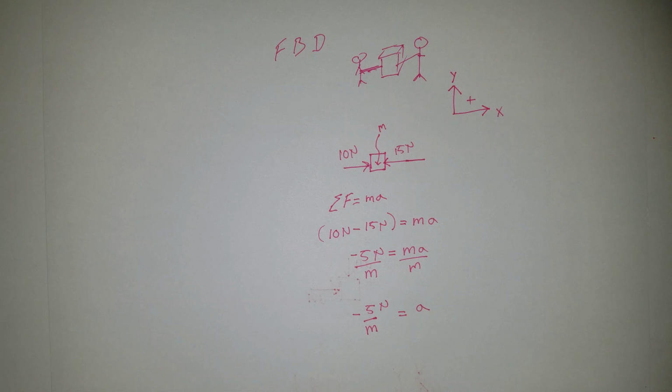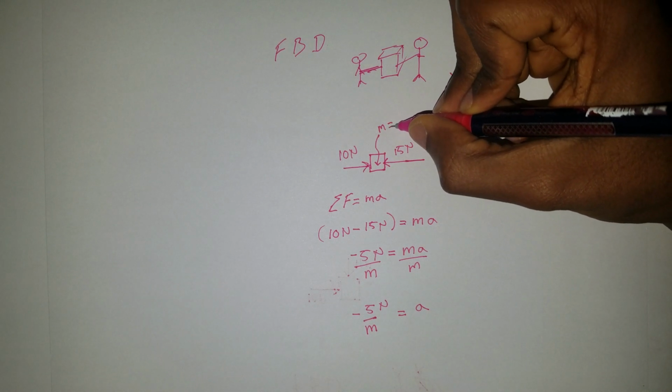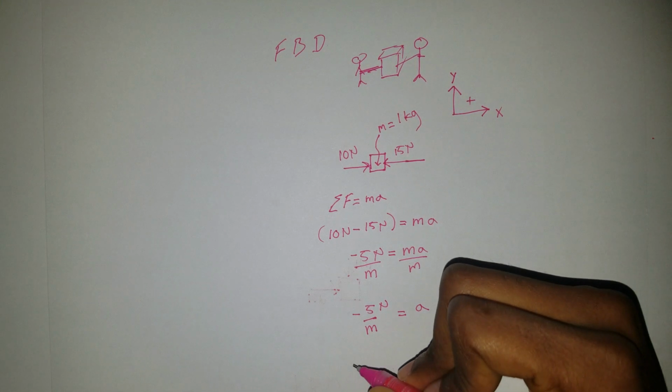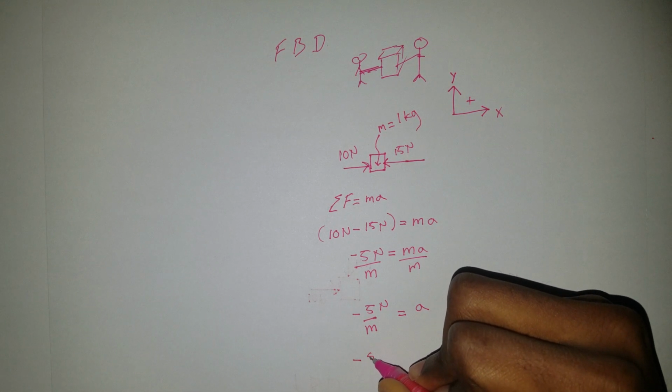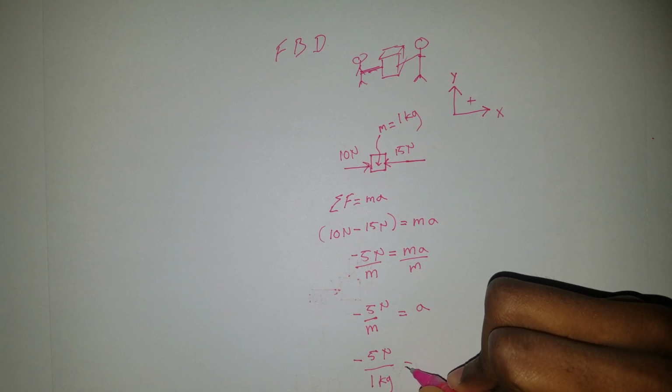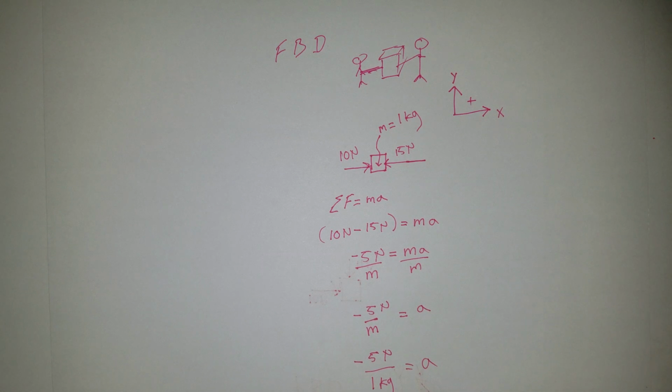However, say the mass is given and the weight of this box is 1 kilogram, then this becomes negative 5 newtons over 1 kilogram is equal to acceleration.